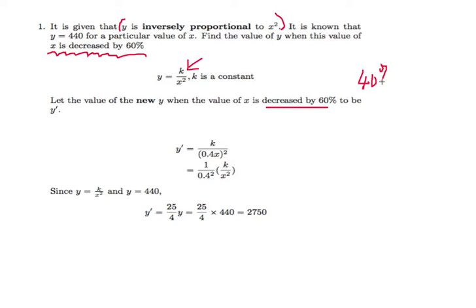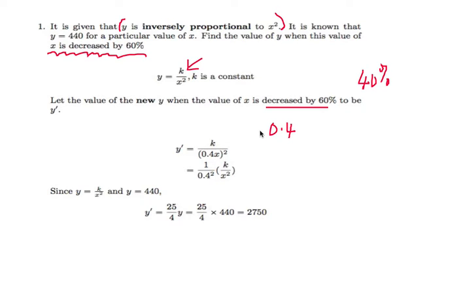Writing 40% as a percentage is not very nice to deal with because it's quite hard to manipulate, so we write it as 0.4 in decimal form, which is much easier. So now x, instead of one whole, became 0.4 times x. It decreased, so we have this new x in here and then square.